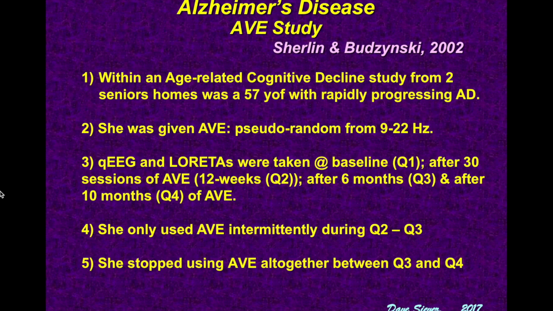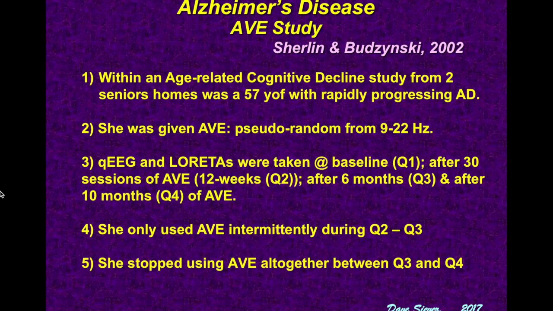But they were taken at baseline. Baseline we're calling Q1. After 30 sessions of entrainment, which were carried out over a 12-week period, we're calling that Q2. After 6 months, which we're calling Q3. And after 10 months, which we're calling Q4. Now, she only used the entrainment intermittently between Q2 and Q3.